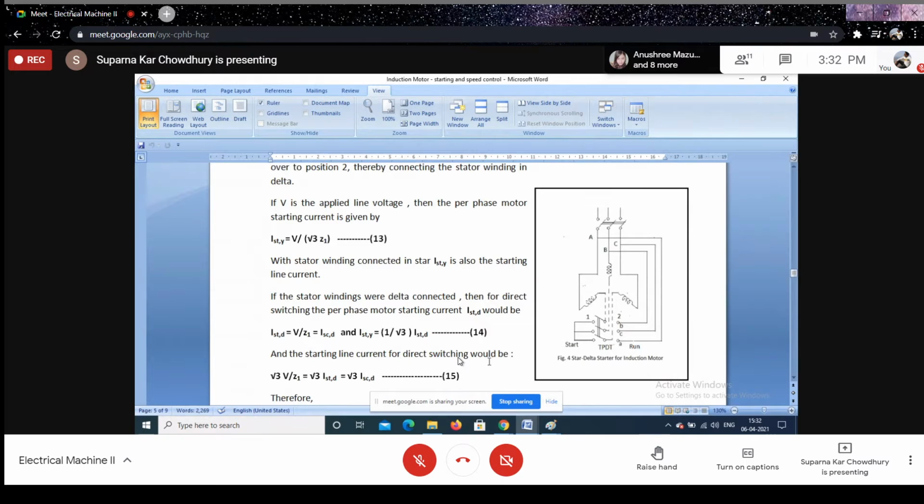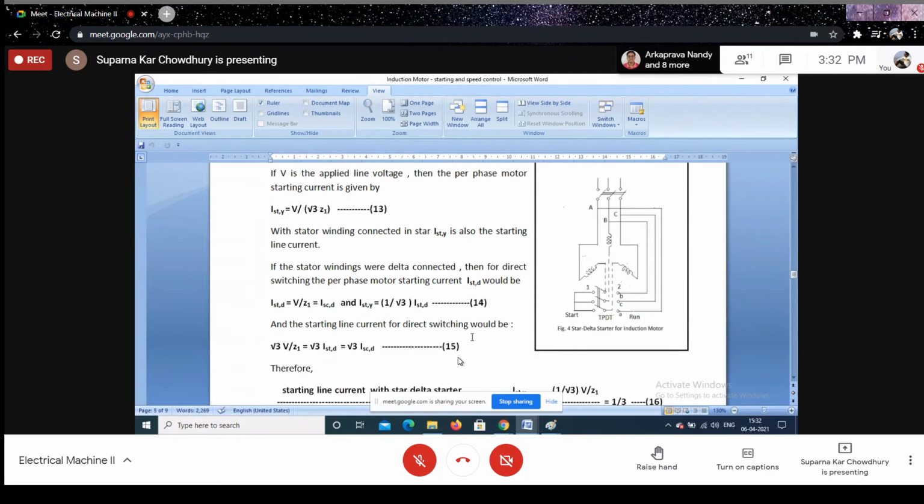If the stator winding is delta connected, then for direct switching, the per phase motor starting current, I starting delta, will be the supply voltage V by Z1. So V by Z1 is the short circuit current, I short circuit delta.